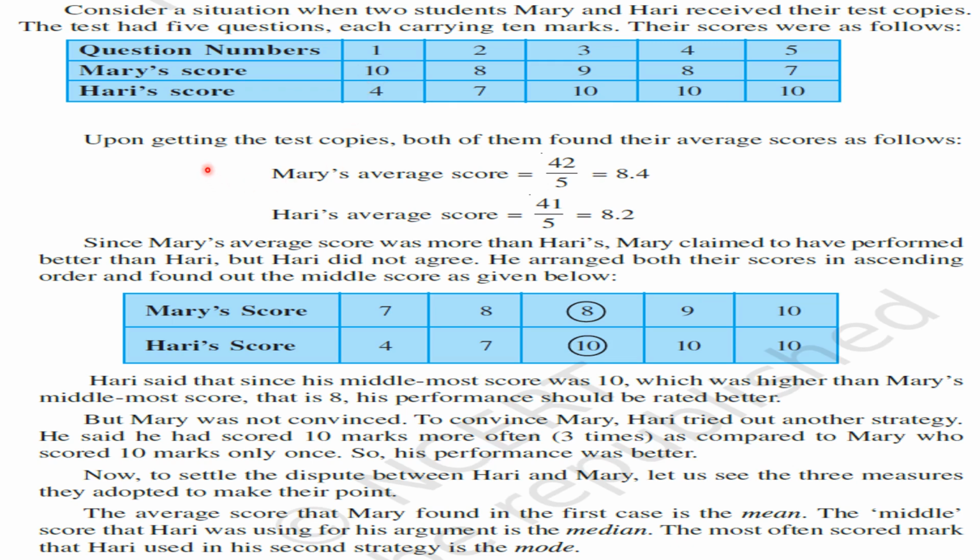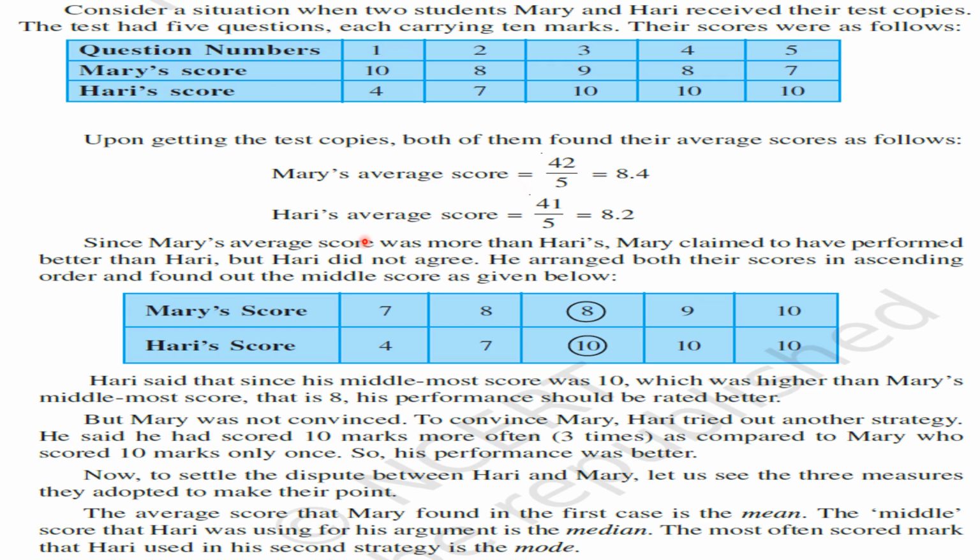Now, upon getting the test copies, both of them found their average scores as follows. How do you find the average score? The sum of all these numbers, 10 plus 8 plus 9 plus 8 plus 7, whole divided by 5. What will you get as the sum of all these numbers? 42 by 5, 8.4. This is the average score of Mary.